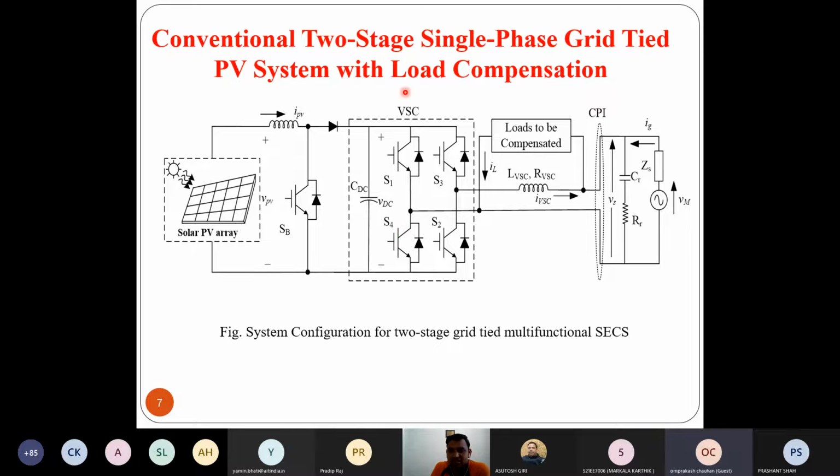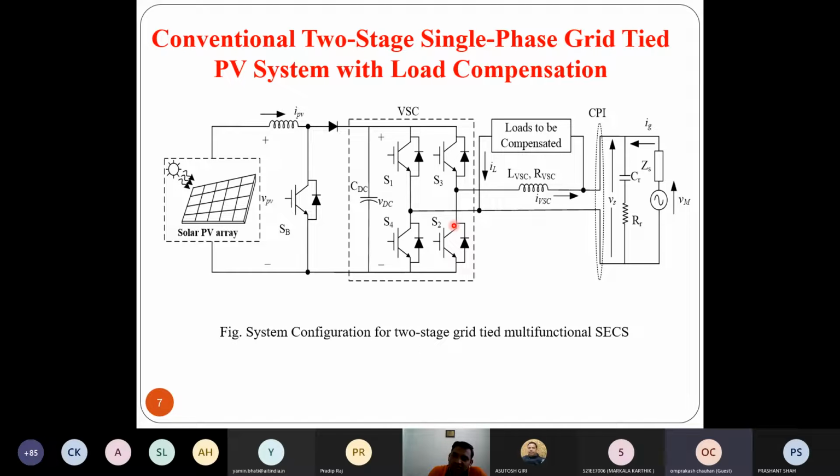Few sensors are required extra, and we need modification toward the control. So this way we can utilize this VSC 24 hours. Earlier you were utilizing that VSC for hardly 7 to 8 hours, but now you are utilizing 24 hours.